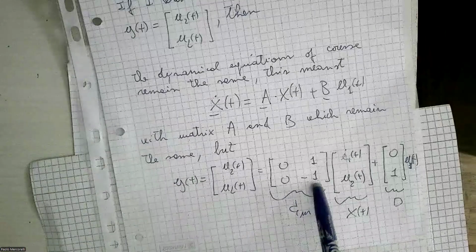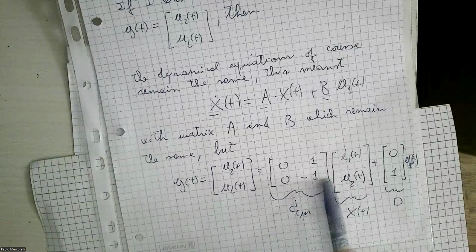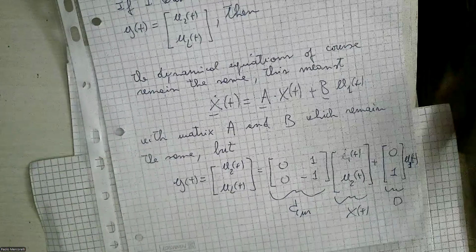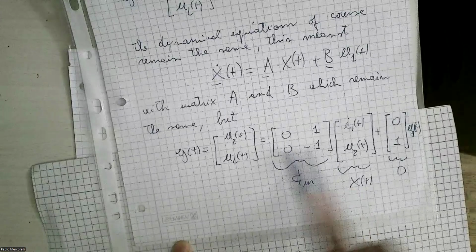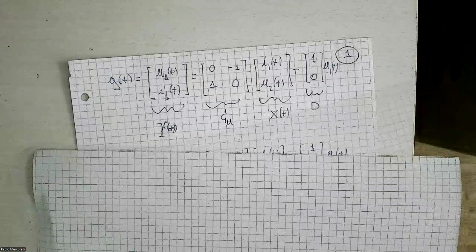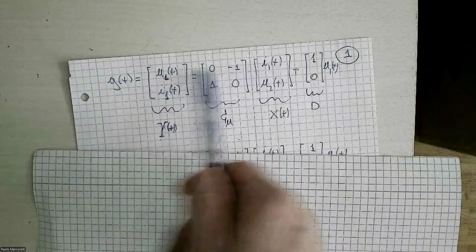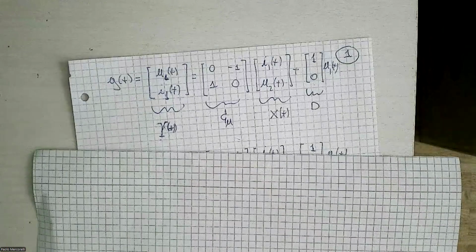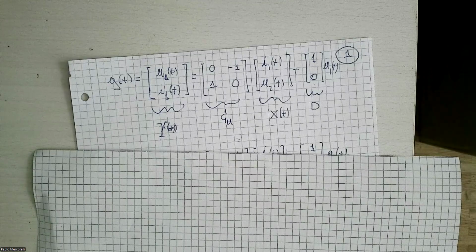We can say 0, 1, and 1. Excuse me, 0 minus 1. Excuse me again, a little bit tired. 0 minus 1, 1 does not change. But of course, now it's in the first line, on the first position, because I changed the order. The order sometimes, but not necessarily, indicates priority. The priority we will realize with the control.